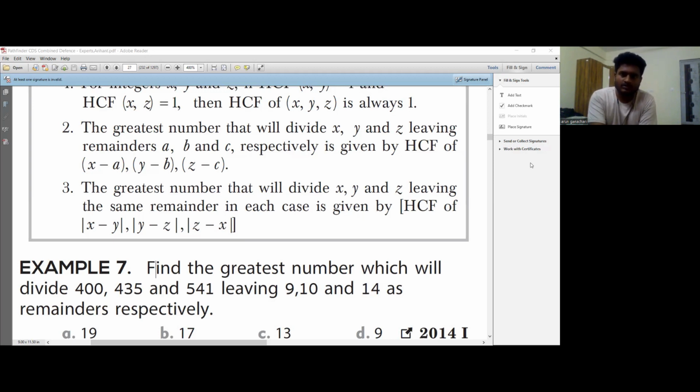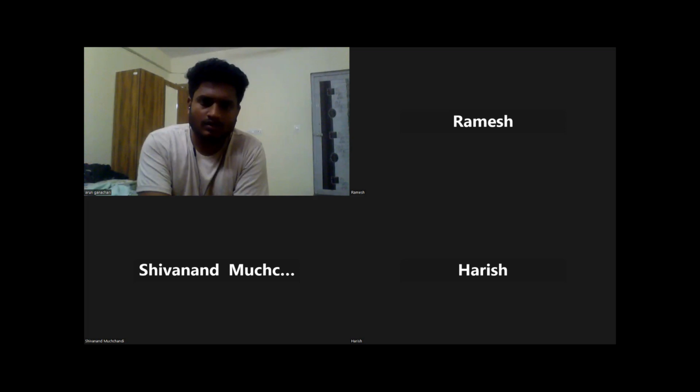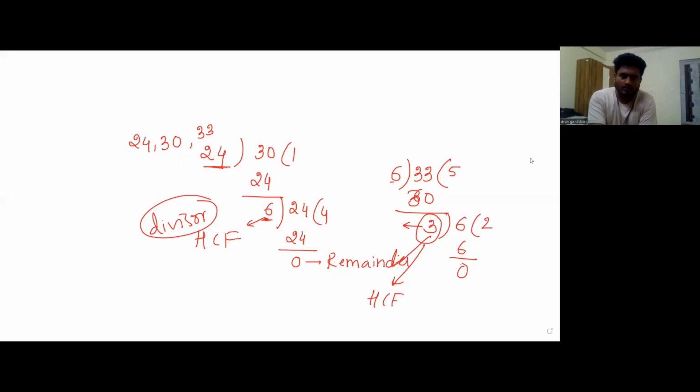I'll solve it for you. We are supposed to use the second rule. What is that second rule? Before finding the HCF, we have to subtract the remainders, then find the HCF.